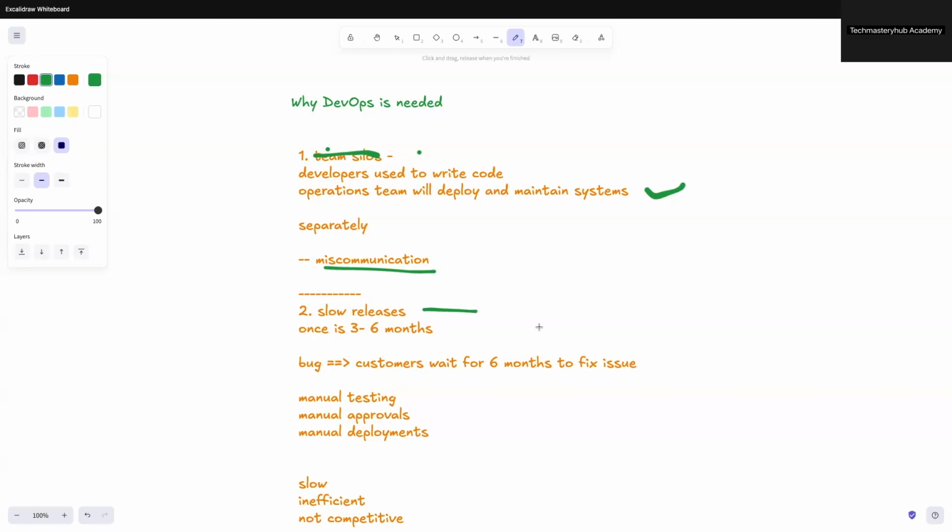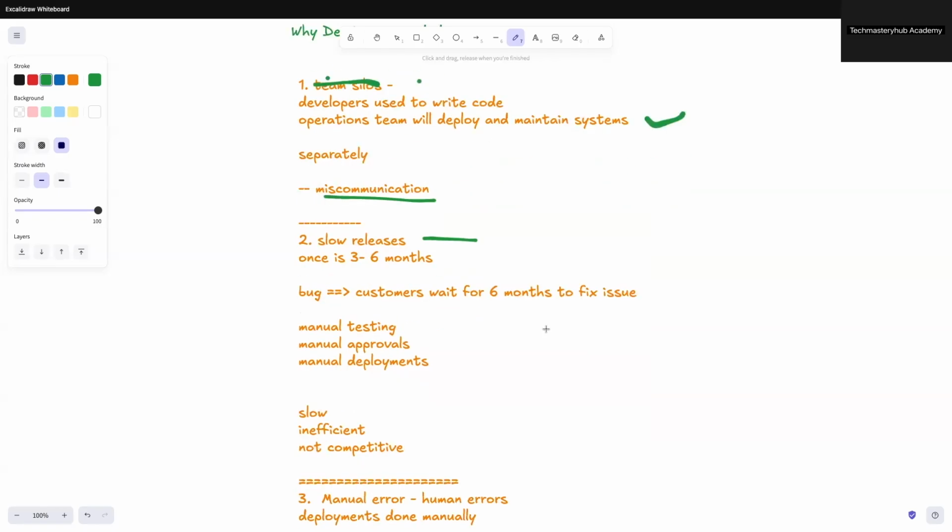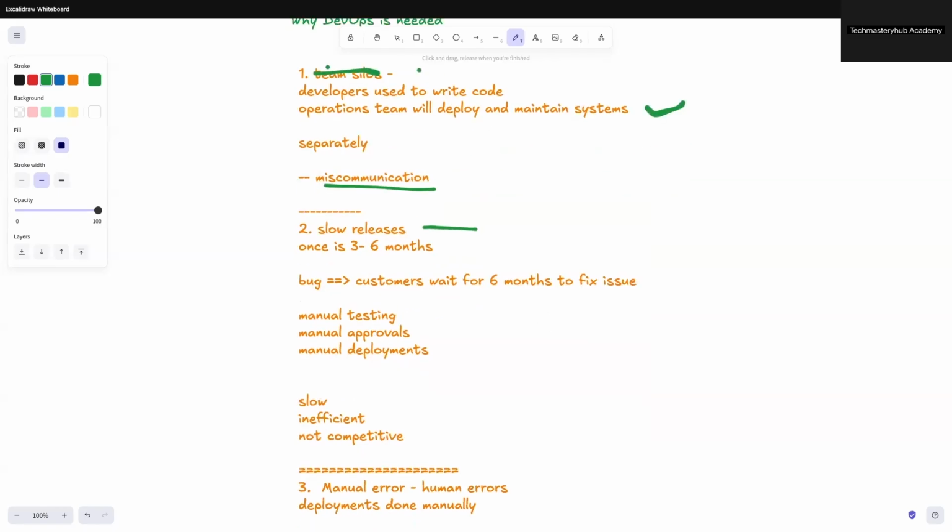Why was it so slow? Because everything was manual. Testing was manual. Approvals were manual. And even the deployment was manual. So each step required human intervention. One delay in one step can impact the entire release. So software delivery was very slow because it was manual.